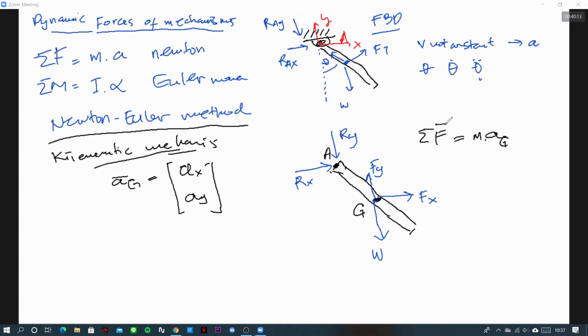So sigma F is a vector, A is a vector, m is not a vector. So here I can simply say that I have Rx and Ry, and then plus, what do I have here? I have W going downward. Does W have an X component?